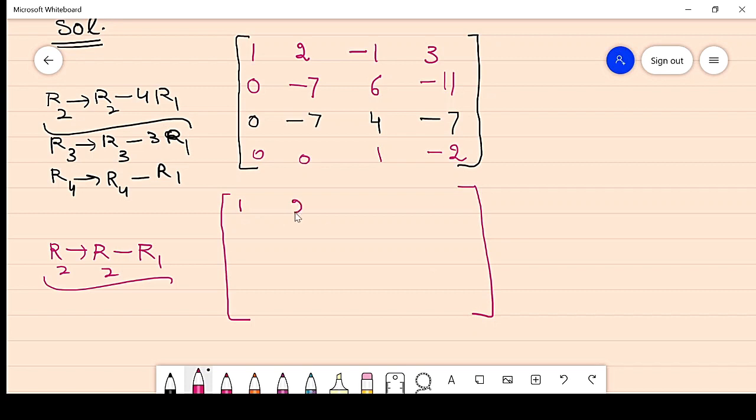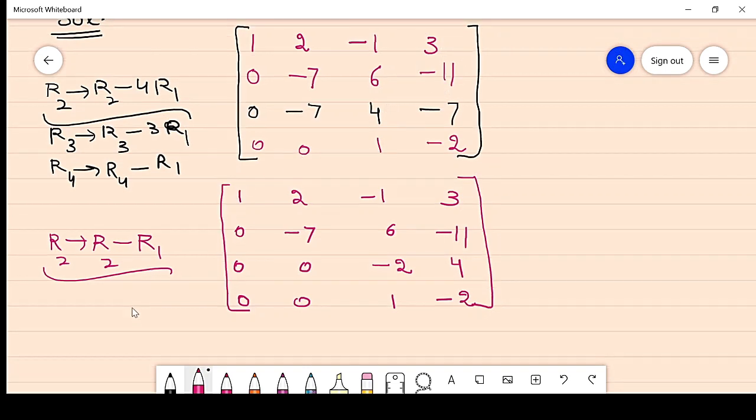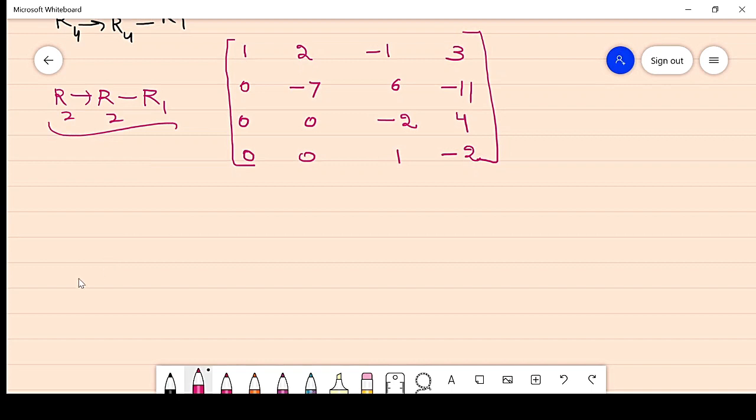So 1, 2, minus 1, 3; 0, minus 7, 6, minus 11; 0, 0, minus 2, and 4; and next is 0, 0, 1 and minus 2. So this is the next reduced matrix.